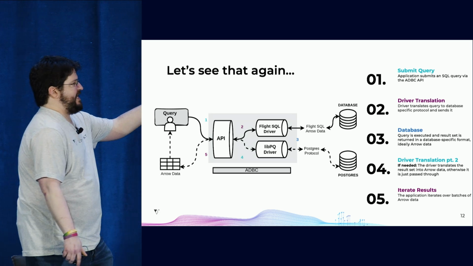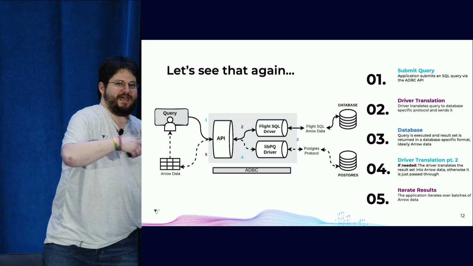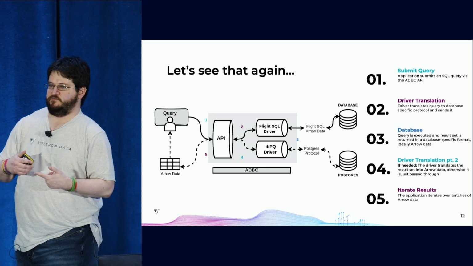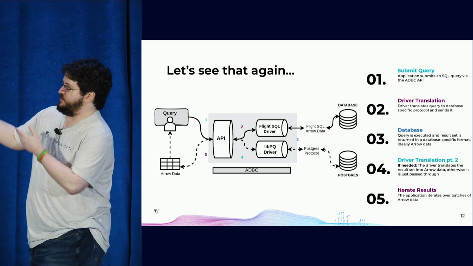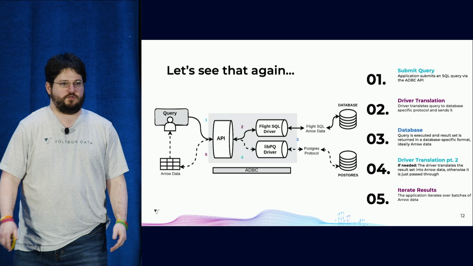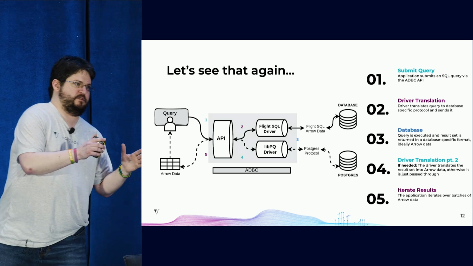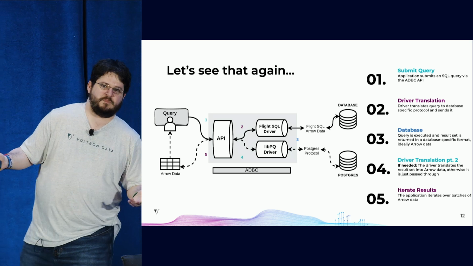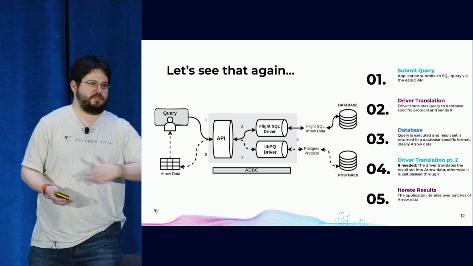And then your application just iterates over batches of Apache Arrow data, regardless of where the data came from. So in this case, you can use ADBC and use Arrow interactions and get data from Postgres, and then change your driver out and go to Dremio.